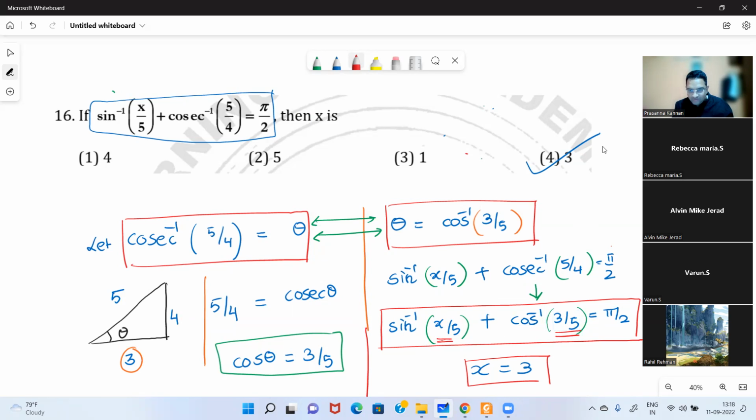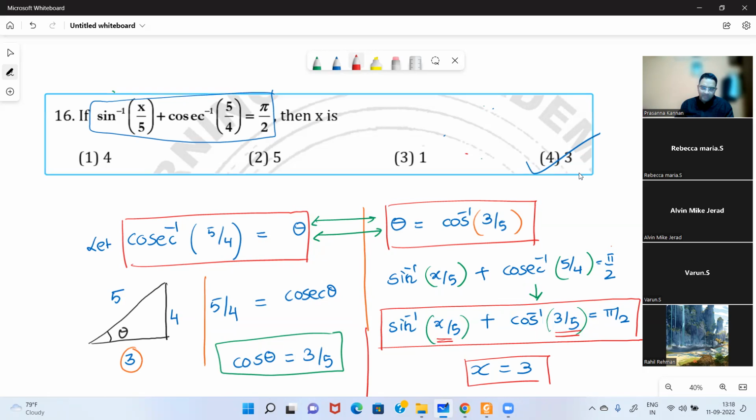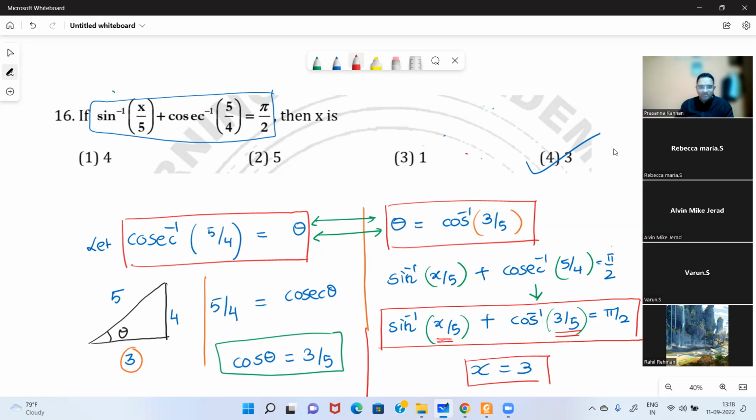Tell me, Rahil, you have a question? Sir, for this, I thought from the triangle it was 4 by 5, sir. So I got confused by that. Can you come again, Rahil? Sir, we found out x is equal to 3.